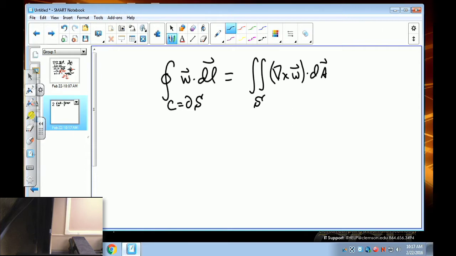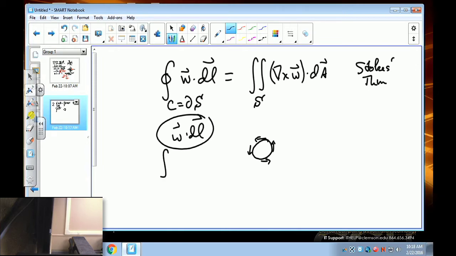Okay, and you can see from this example, so this piece, W dot dl, if the field has a circulation to it, W and dl are parallel to each other all the way around. Okay. So this is Stokes Theorem. And so in all of these cases, we see that this circulation, which would be the integral of W dot dl, will not be 0.